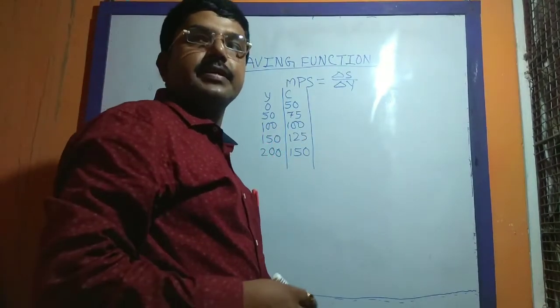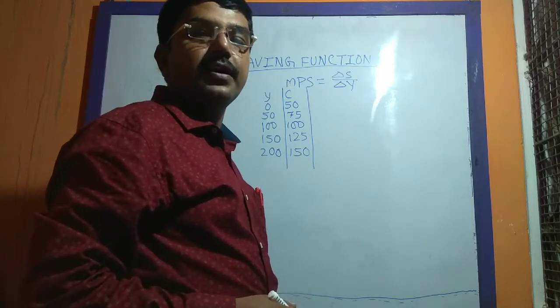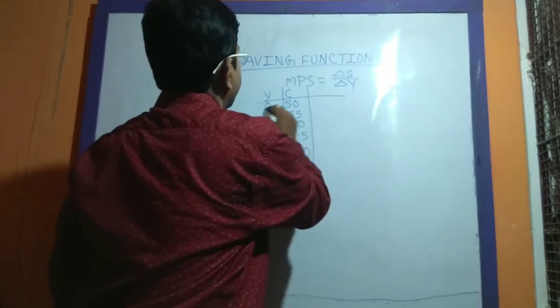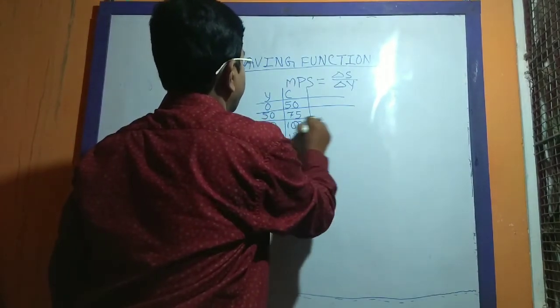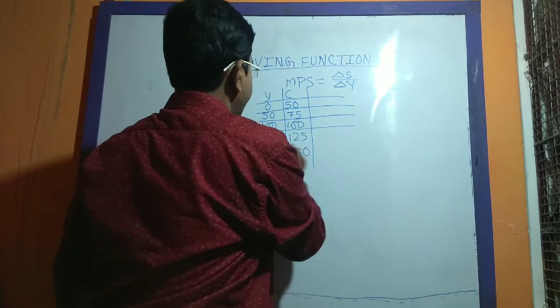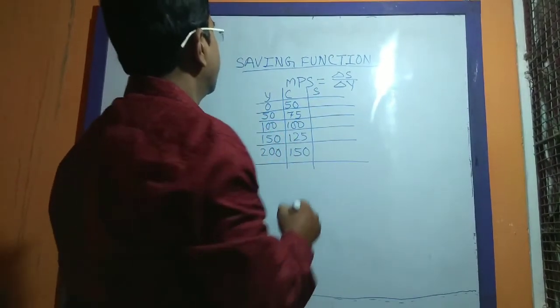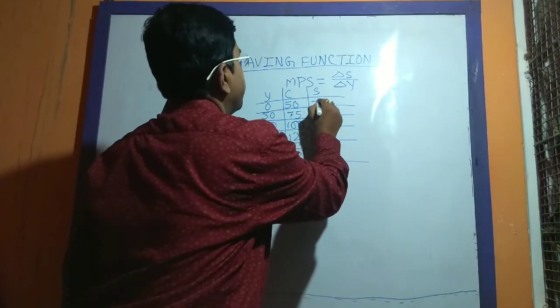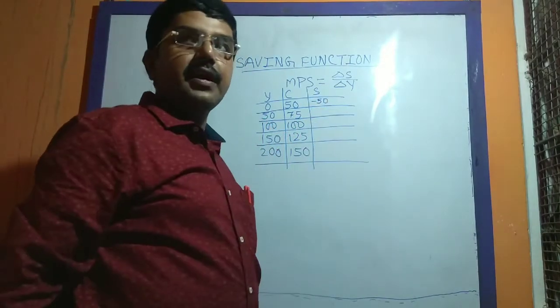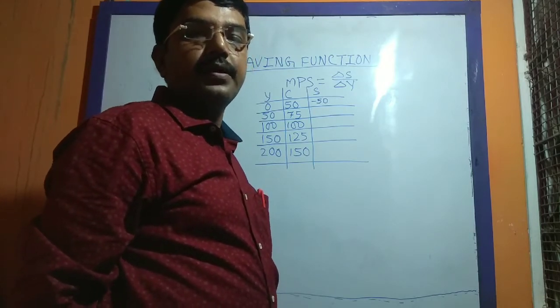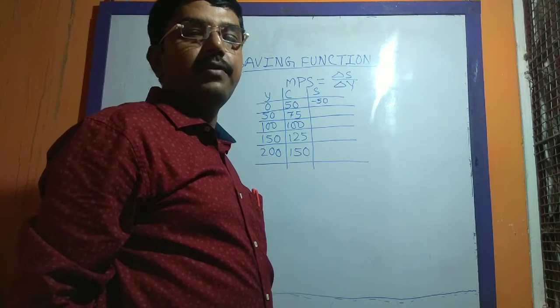We have already discussed that the part of income that is not consumed is saved. So S will be minus 50 at zero income, because in the last video we discussed autonomous consumption. This is consumption at zero level of income.